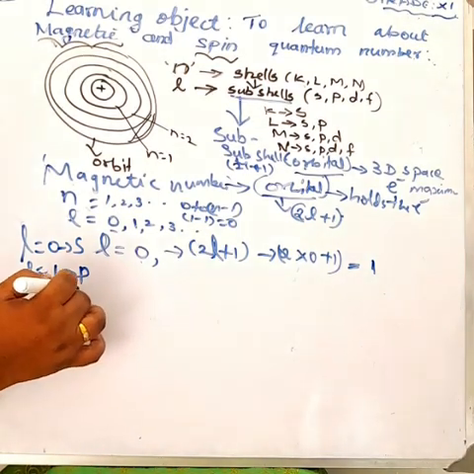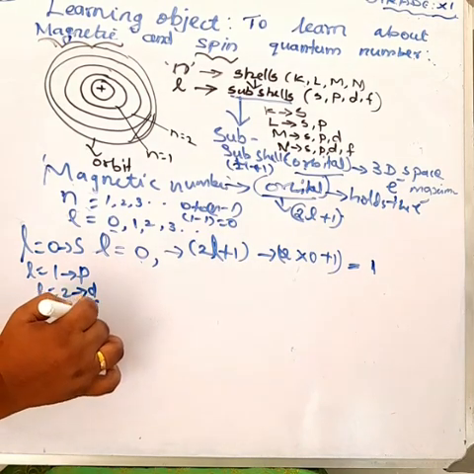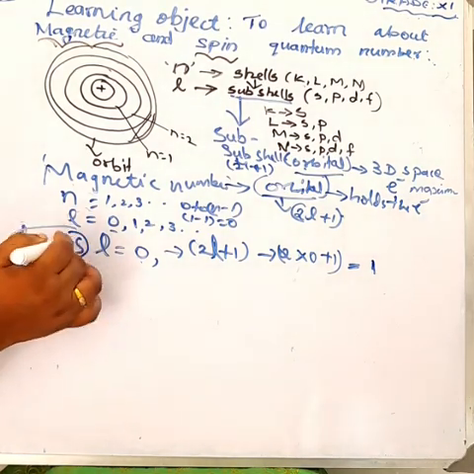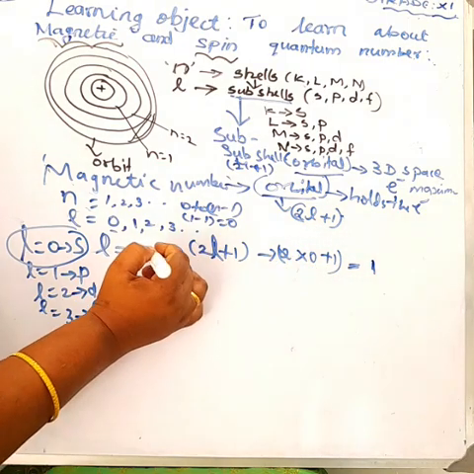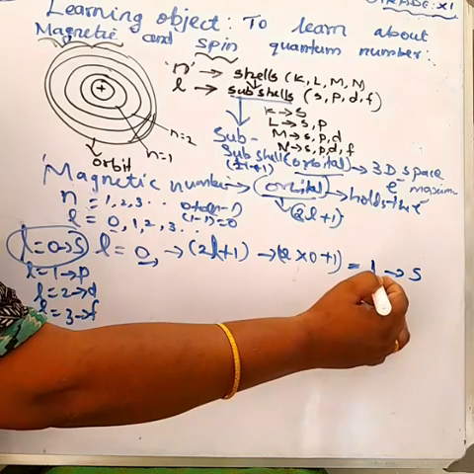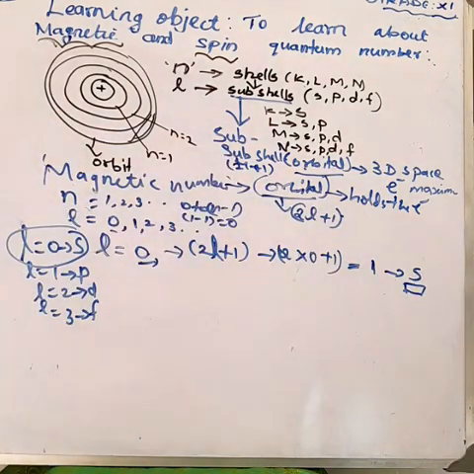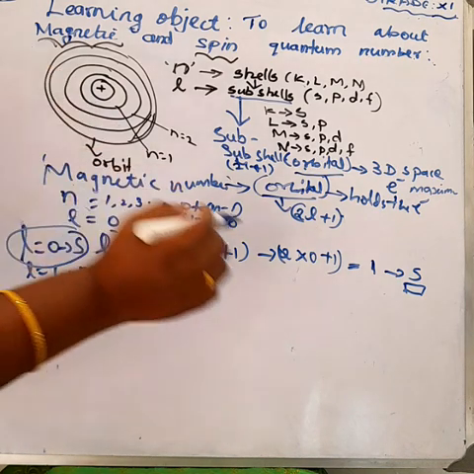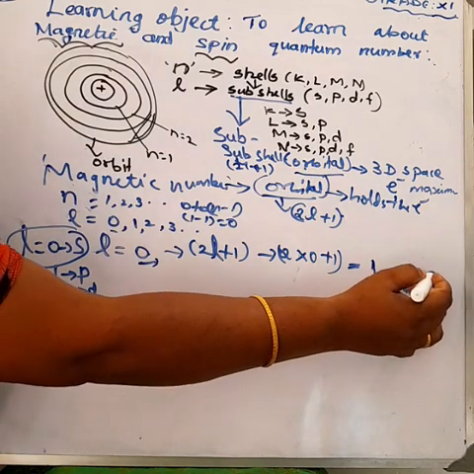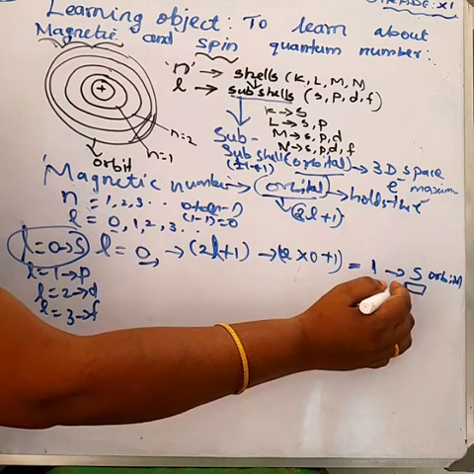Already yesterday we learned clearly about that. So when L is equal to 0, it is the S subshell. Within the S subshell, only one orbital is present.